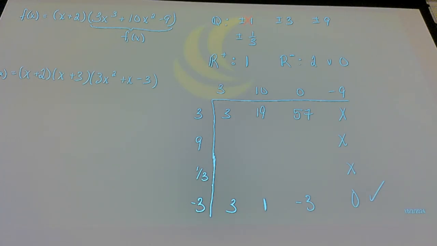X equals negative b plus or minus the square root of b squared minus 4ac, all divided by 2a. Remember that? And if not, you better.